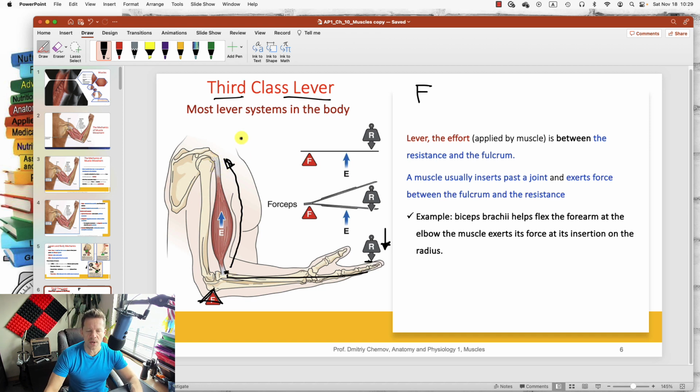It depends how you look at that, but the insertion point travels towards an origin point. If the muscle fibers run vertically or horizontally, let's say fusiform or parallel, the muscle will contract along the length or the axis of these muscle fibers.